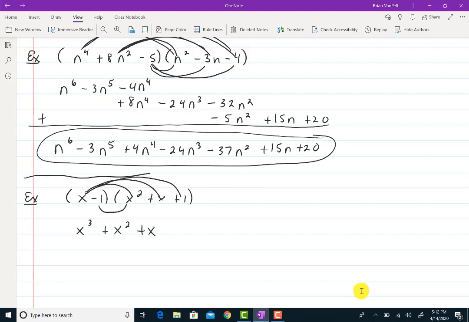Negative 1 times x squared is negative x squared. Negative 1 times x is negative x. Negative 1 times positive 1 is negative 1. Add them together, and you see that the x squareds cancel and the x's cancel, and all I'm left with is x cubed minus 1.